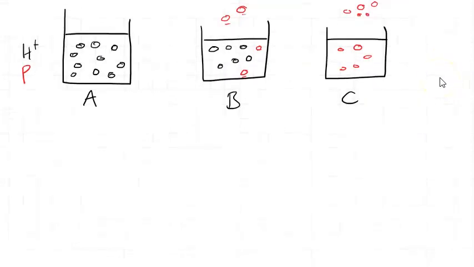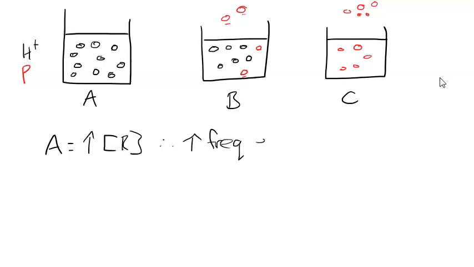So in part A, we would say that there is a high concentration of reactants. Therefore, there is a higher frequency of effective collisions.